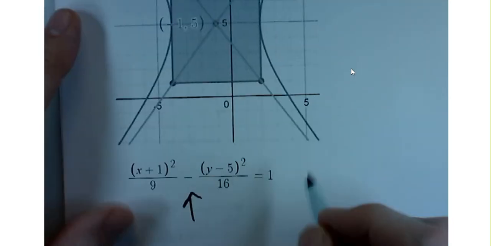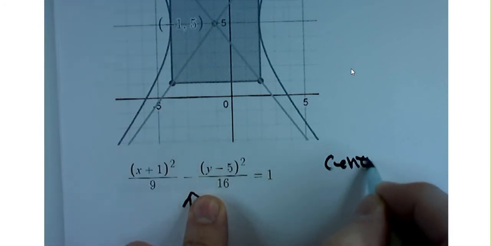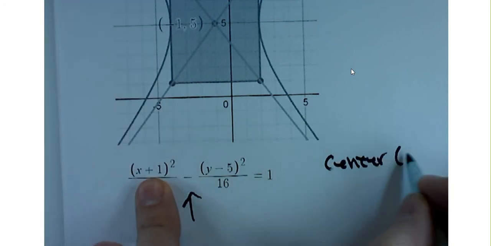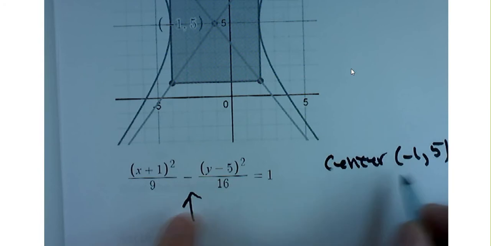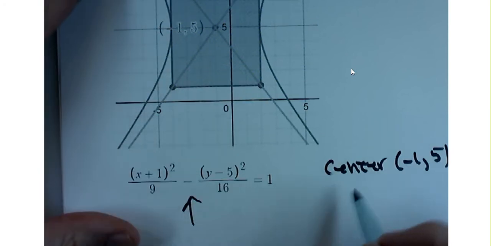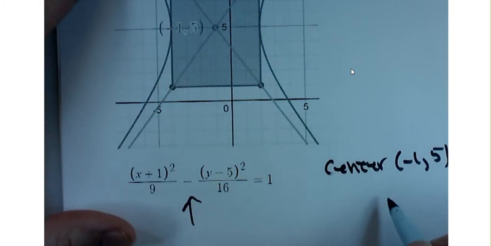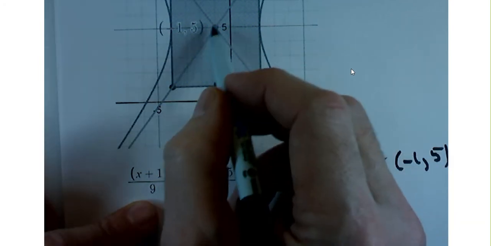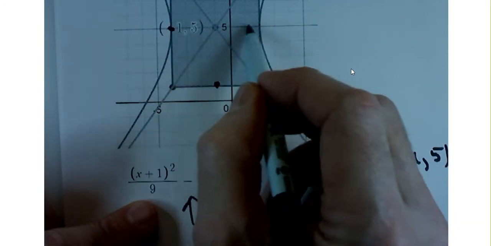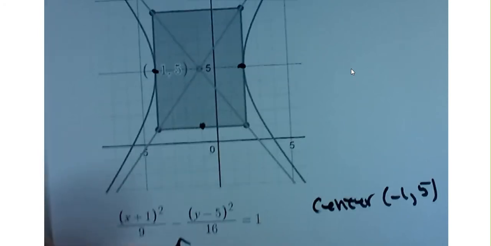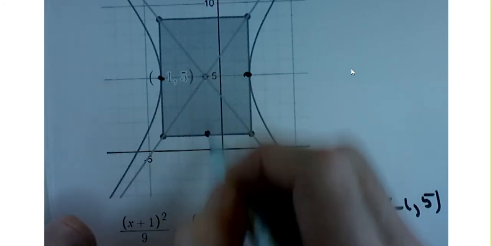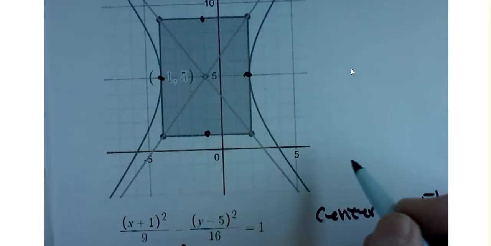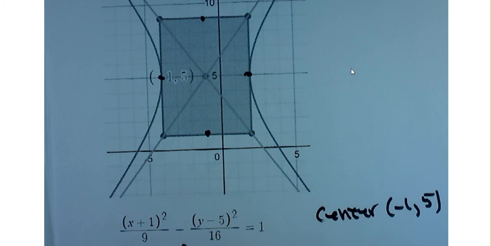So you start out by finding the center. The center is at -1 and 5. You pretend it's an ellipse for just a moment. You're going to go to the left 3 and to the right by 3 to find these points, and then down 5 and up 5 to find these points. Down 4 and up 4. Pardon me, because that's 4 squared.